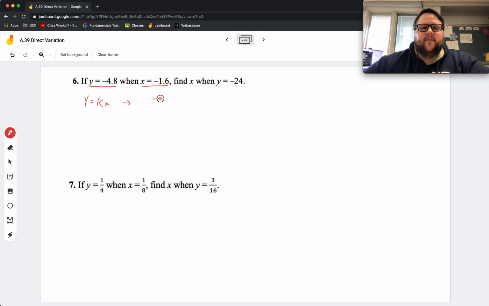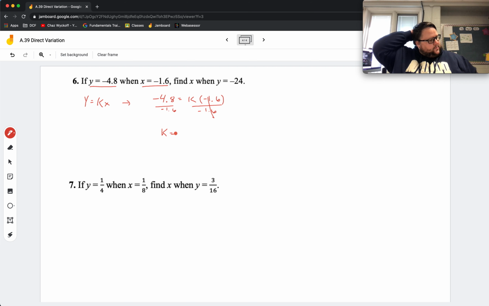Y is negative 4.8 equals k times negative 1.6. Divide both sides by negative 1.6. We get k equals 3.